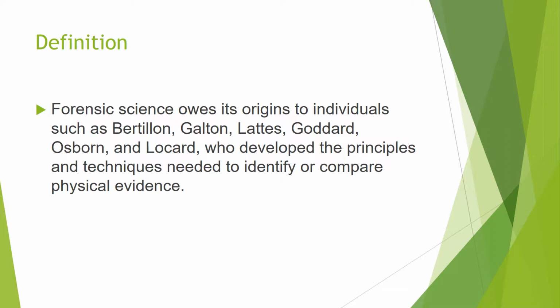Forensic science owes its origins to certain individuals such as Bertillon, Galton, Landsteiner, Goddard, Osborne, and Locard, who developed the principles and techniques needed to identify or compare physical evidence.